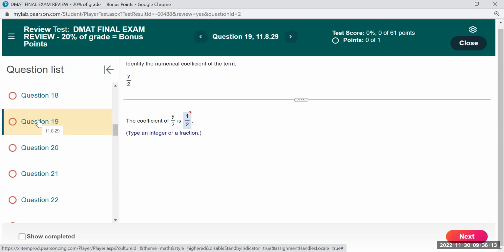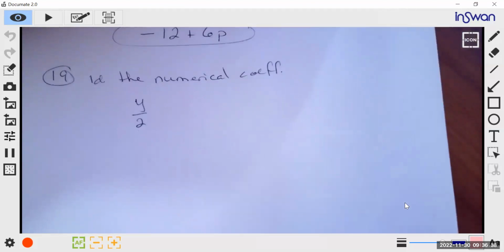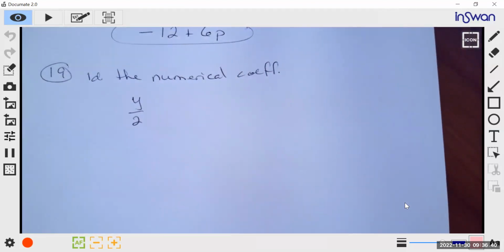Oh, this is interesting. Identify the numerical coefficient. Okay, the rule here is this.